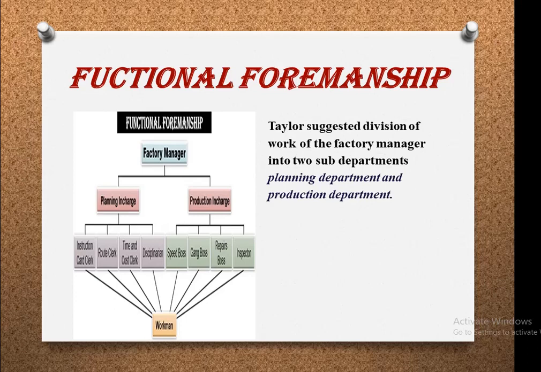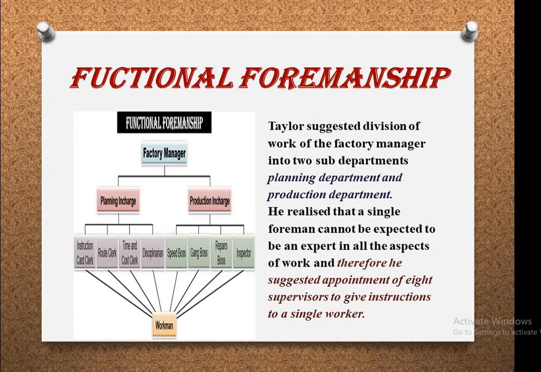It means this technique is an extension of the principle of division of work given by Henri Fayol, whereas it violates the principle of unity of command because he suggested 8 supervisors to give instructions to a single worker. He realized that a single foreman cannot be expected to be an expert in all the aspects, and therefore he suggested 8 foremen or supervisors.